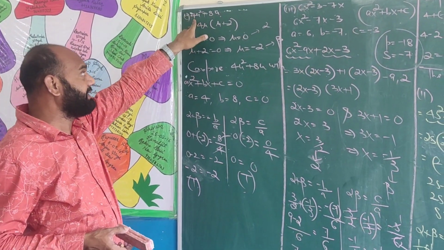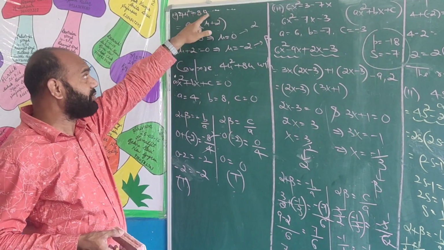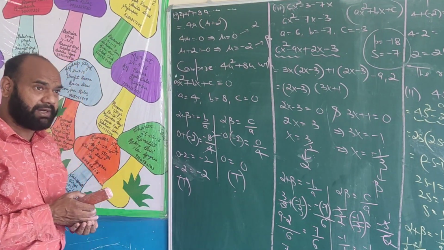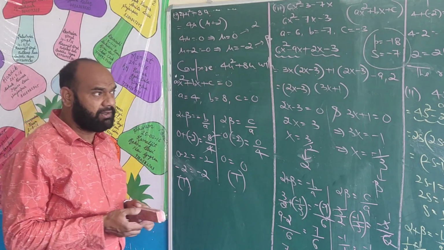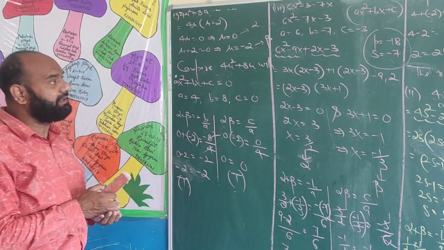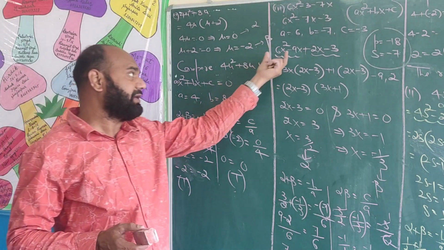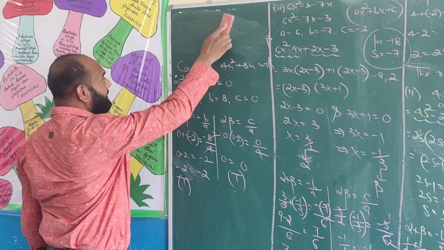For example, in this polynomial the term of c is not present, so it is an incomplete quadratic polynomial. And in an incomplete quadratic polynomial we find the zeros directly by using the method of splitting the middle term. We see its second example.